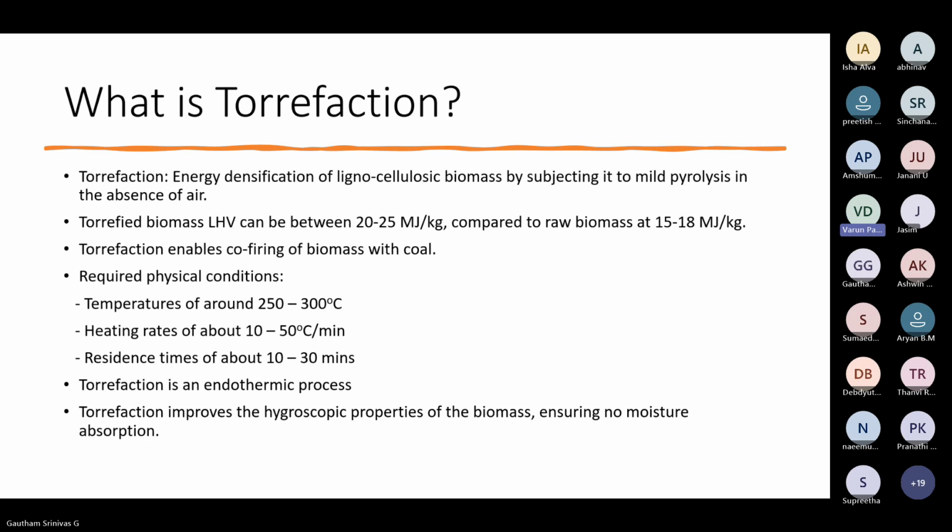Like you said here, torrefaction is energy densification by subjecting it to mild pyrolysis. Energy densification does not mean compacting. It's not physical densification of the biomass. We're not compressing it here. Energy densification is we are increasing the energy content of the biomass per unit mass. That's it.